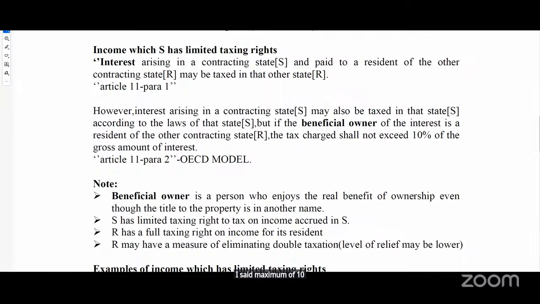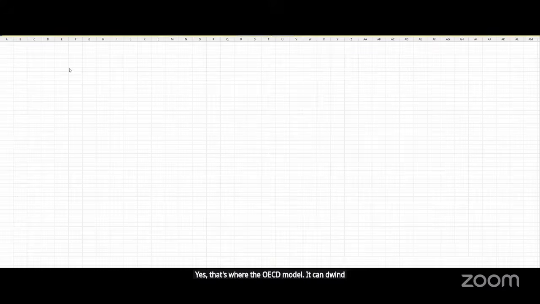Yes, that's per the OECD model, it can change. It will be subjected to tax payment in Ghana fully. Then you'll be given credits under Section 112. So that's how it works. Does it make sense to everyone?